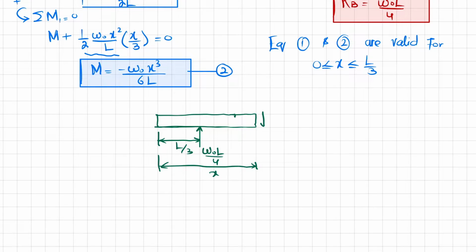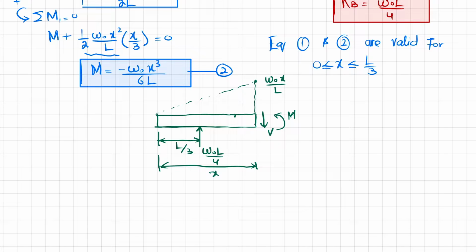So there will be a shear force and there will be an external moment as well. And we will have a uniformly increasing load. So again, what will be the magnitude? It will be W naught into X over L. Clear?